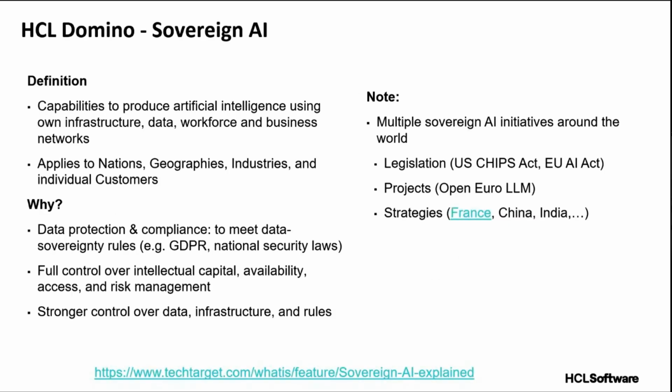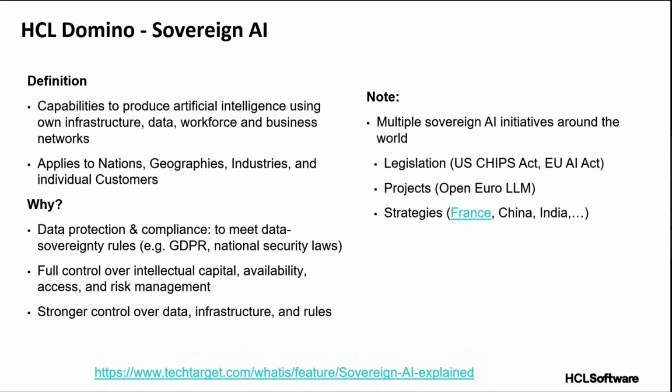We talked about sovereign AI, and why it is important, right? Now let's discuss this. It is defined as the capability to produce artificial intelligence using your own infrastructure, data, workforce, and business networks. It is in essence about controlling every aspect of the AI process, from where the model will run to what data it will use.